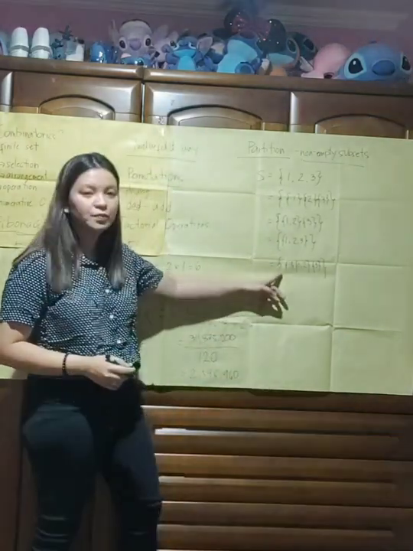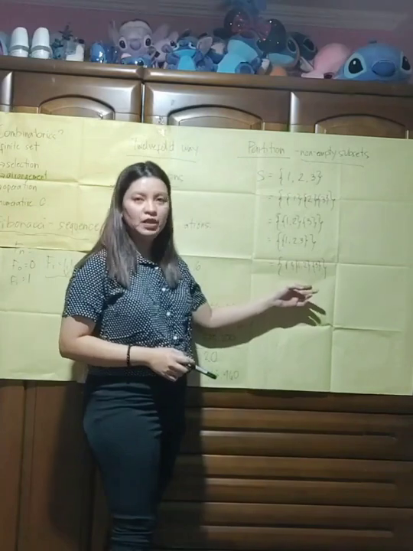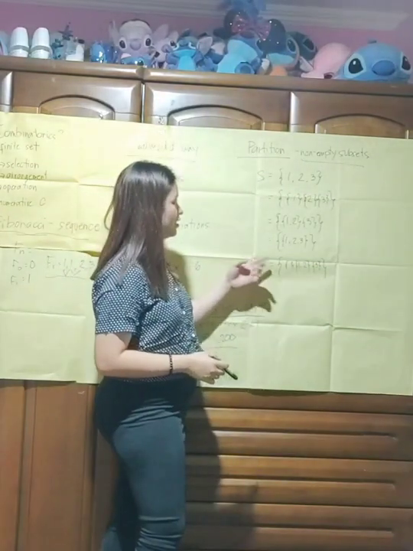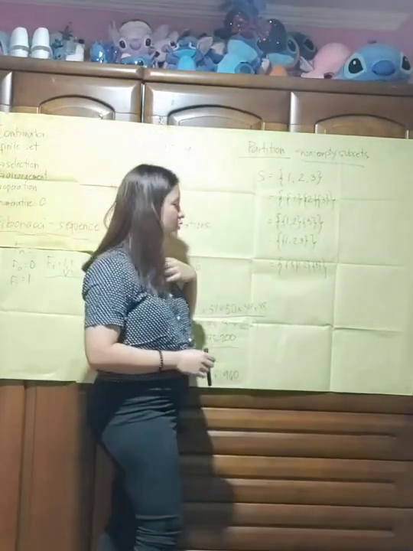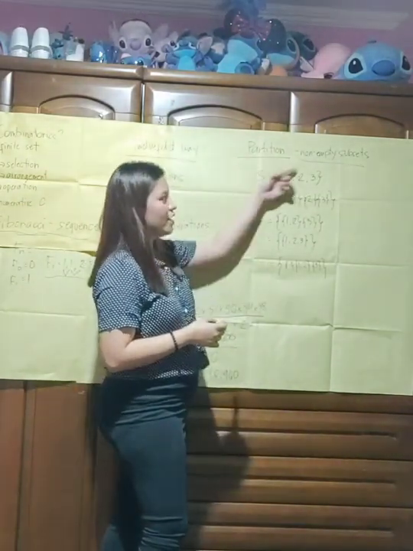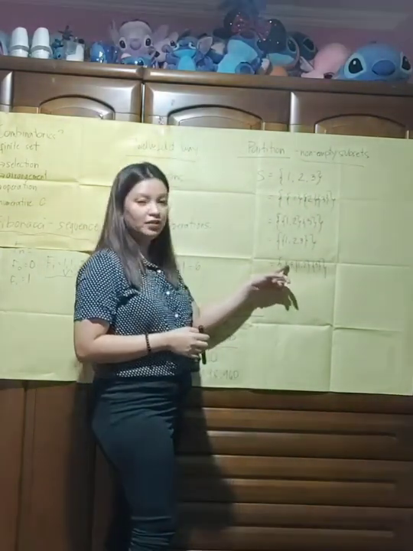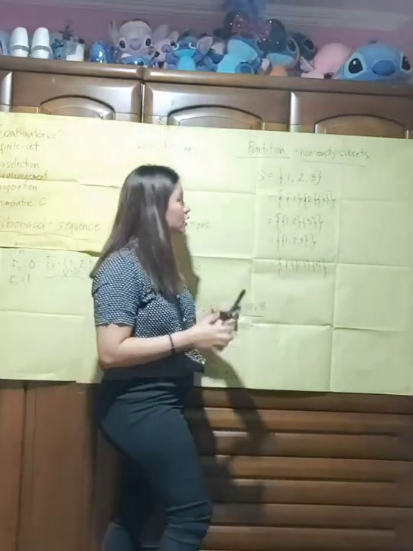For this, it is not an example of a partition because the rule says a partition has non-empty subsets. Since it has an empty subset, it is not a partition.